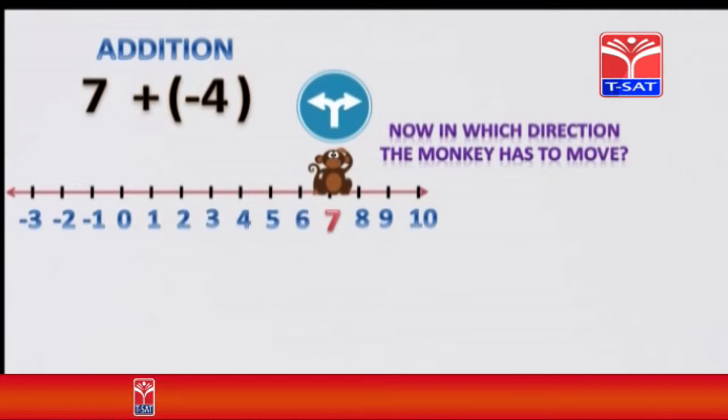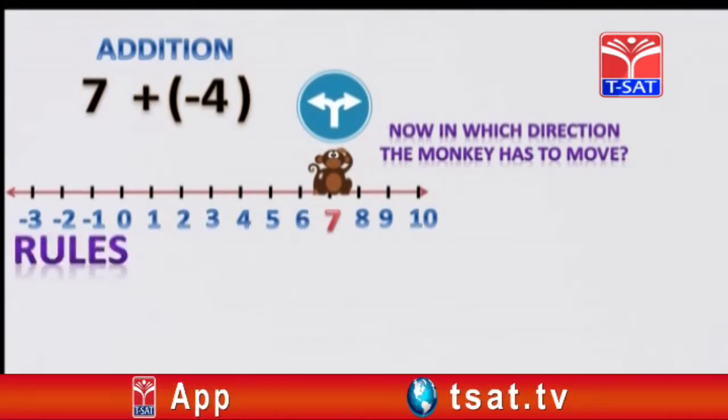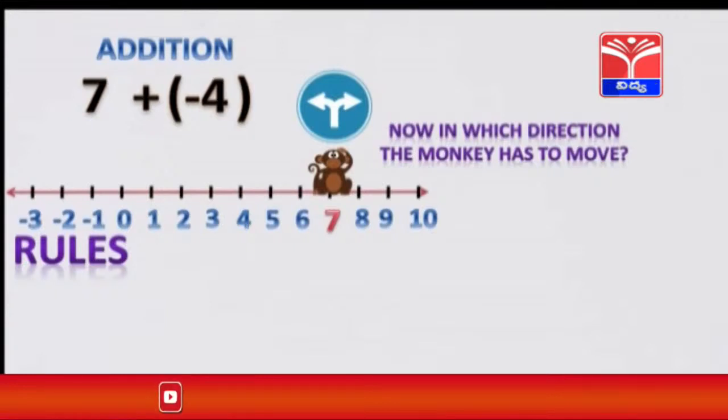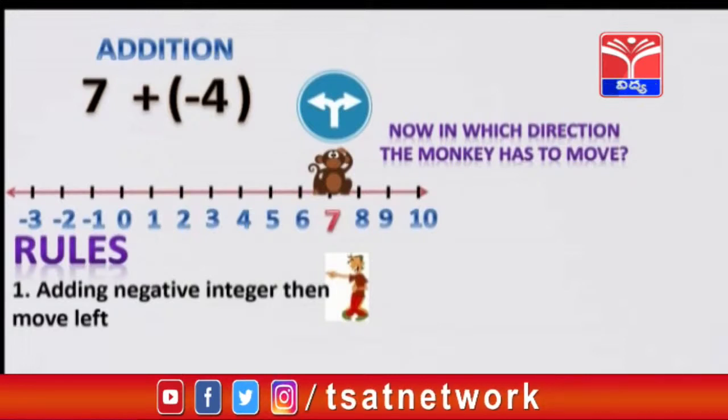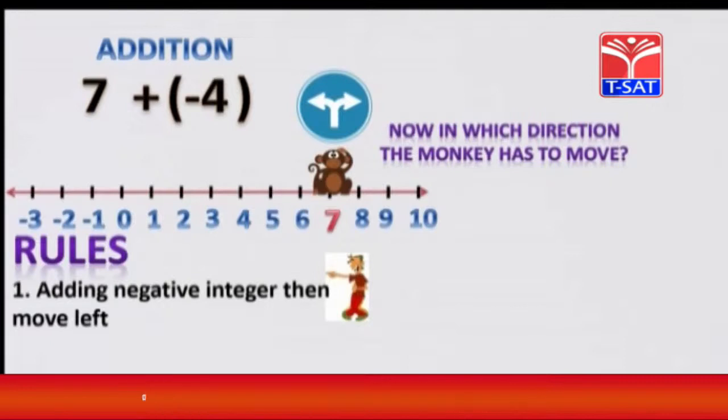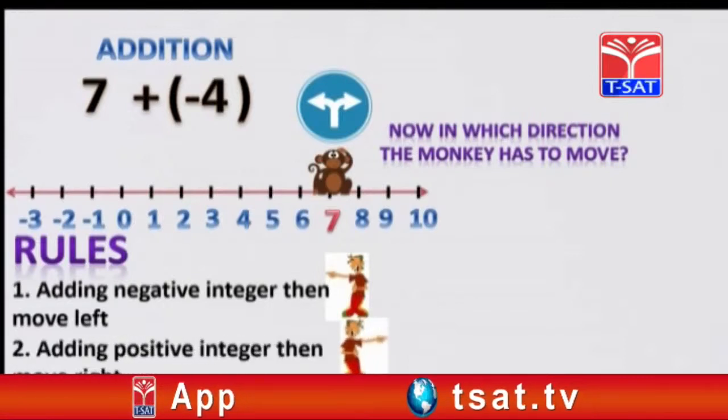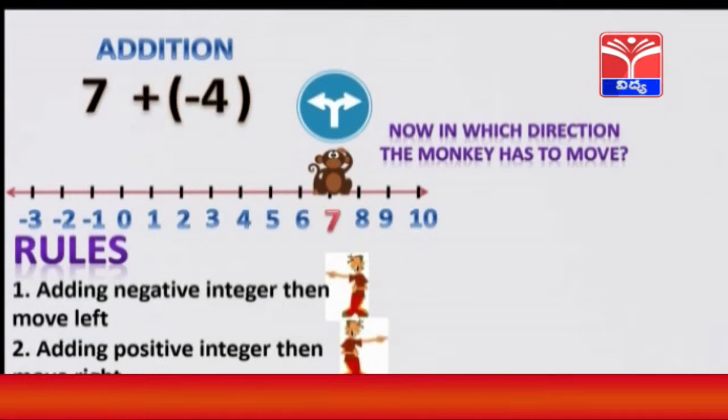To clarify the doubt of the monkey, let us take a look at the rules of addition on the number line. There are 2 rules for addition. Rule number 1 says, if we are adding a negative integer, then we should move left side. Or if you are adding a positive integer, then we should move right side.